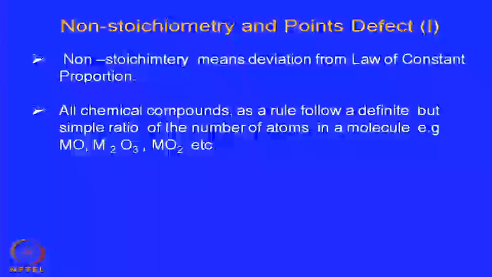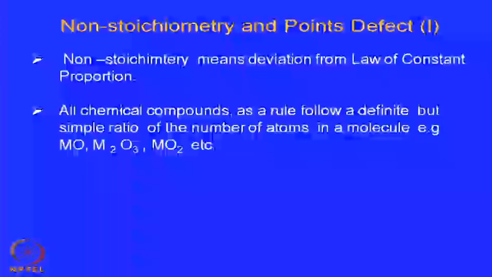All chemical compounds as a rule follow a definite but simple ratio of the number of atoms in a molecule, for example, MO, M2O3, MO2 etc. That means the metal to oxygen ratio is a simple integral multiple or factor.